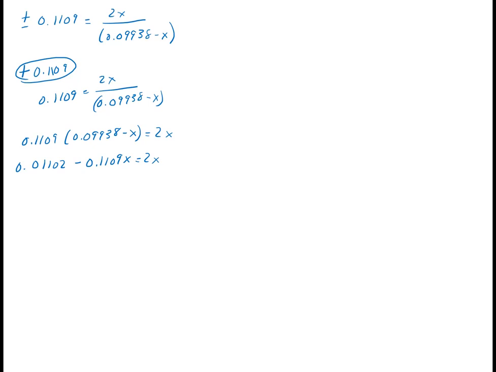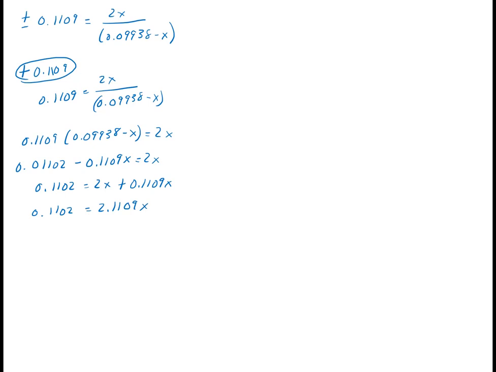Now we'll combine like terms, and I'm going to do that by moving this term to the other side by adding on both sides. So 0.1102 is equal to 2x plus 0.1109x. So I get 0.1102 is equal to 2.1109x.